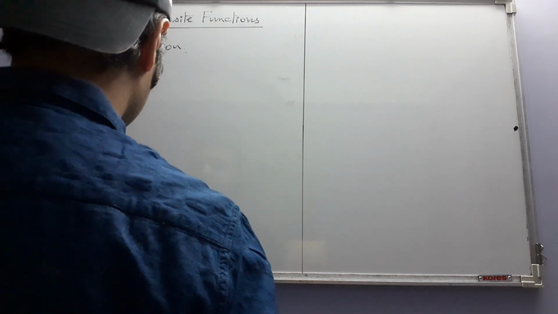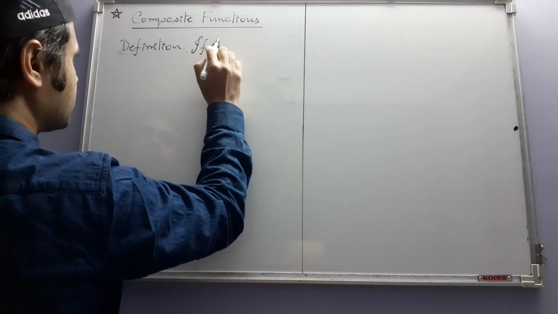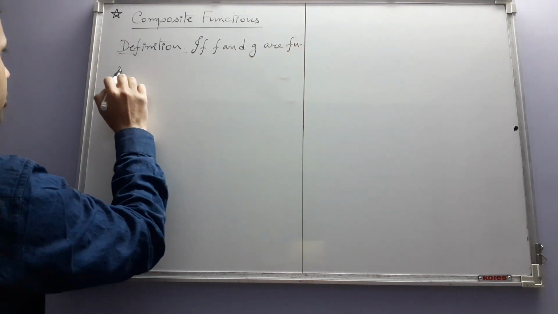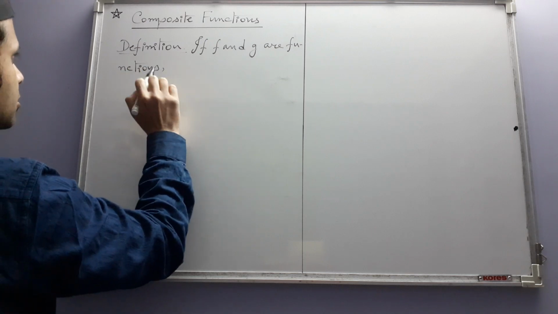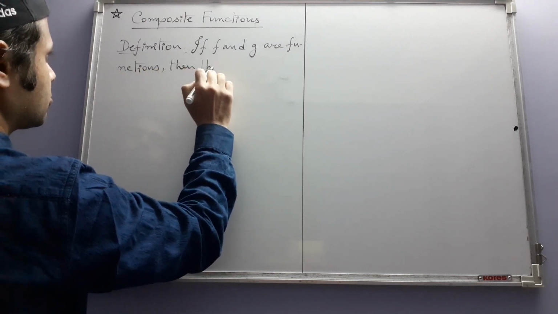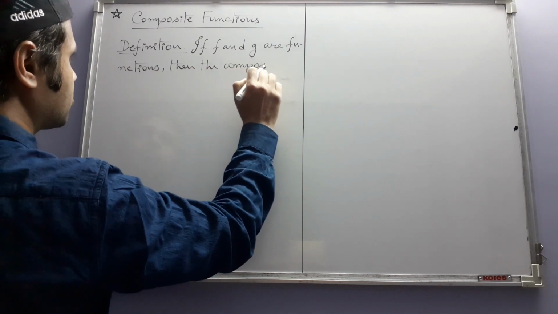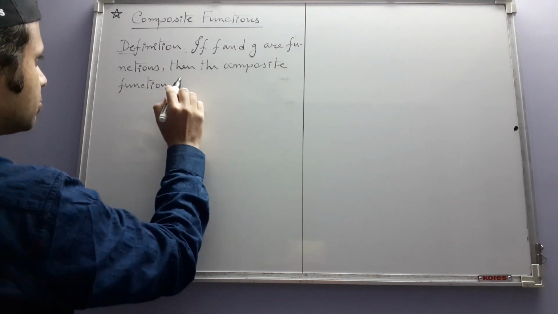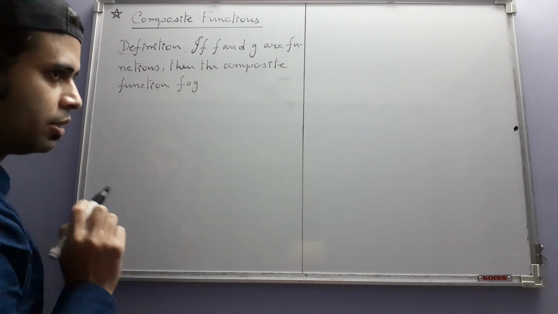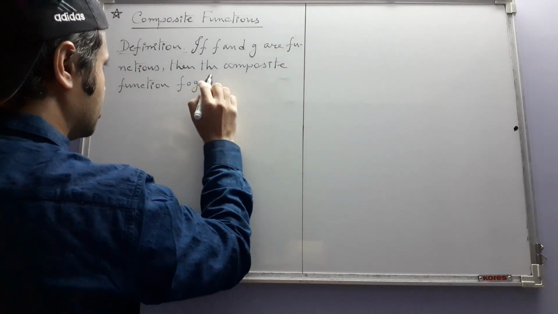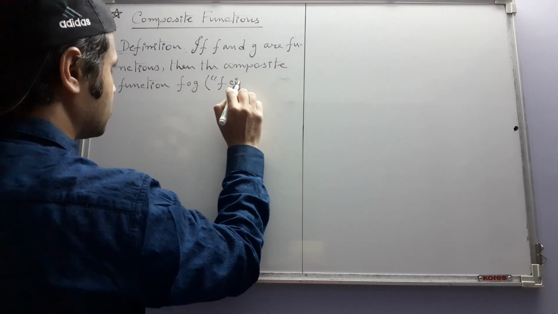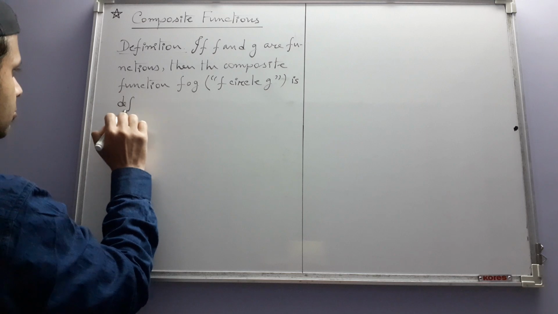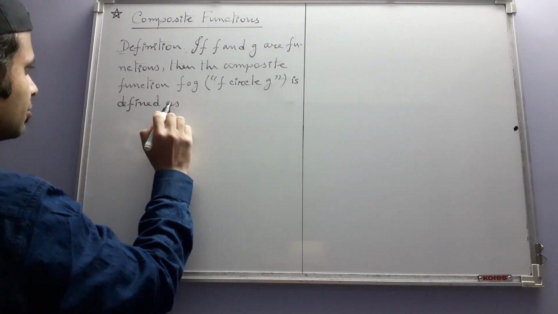So the definition goes like this: if f and g are functions, then the composite function, denoted like this and read f circle g, is defined as this.